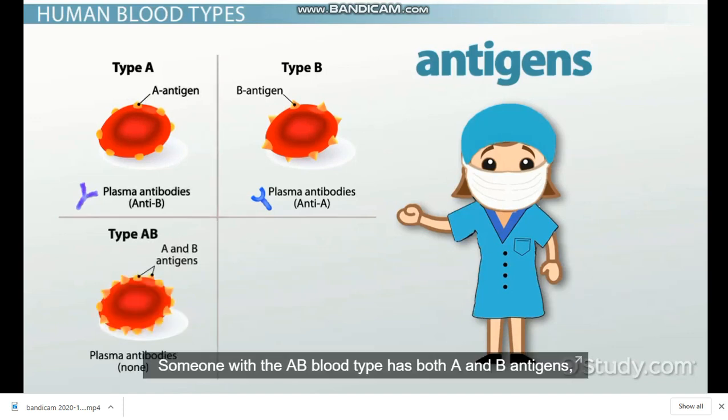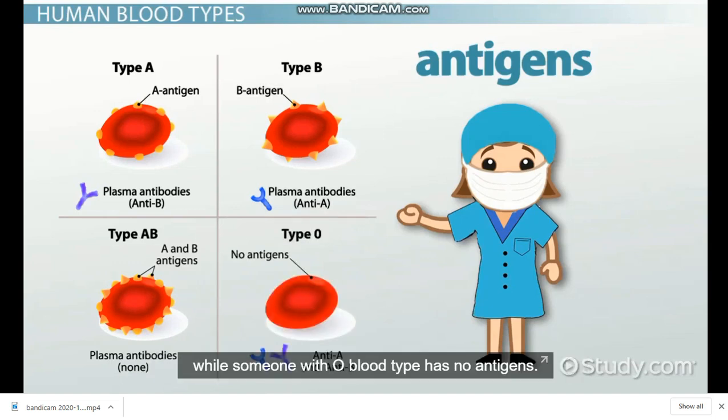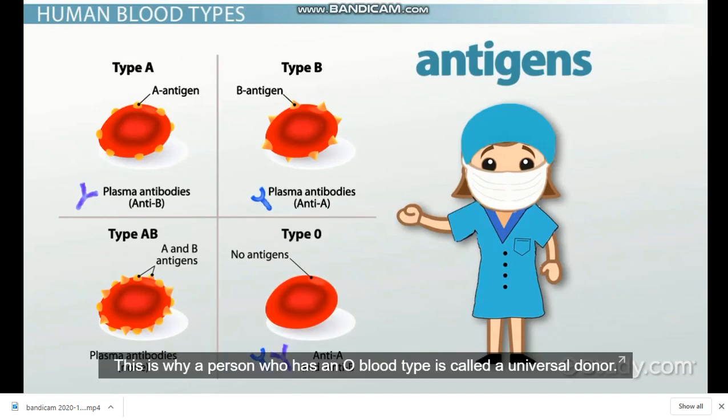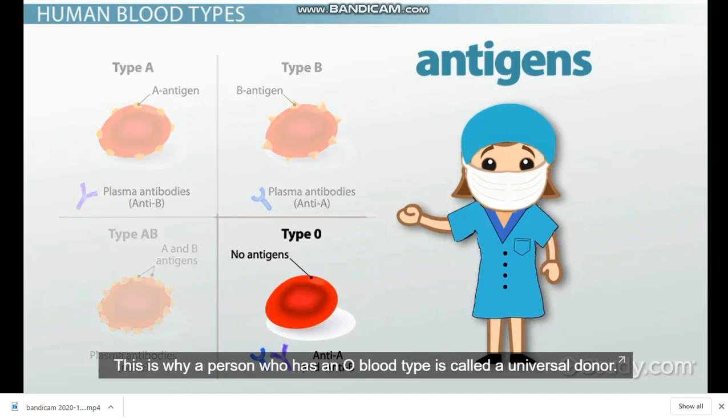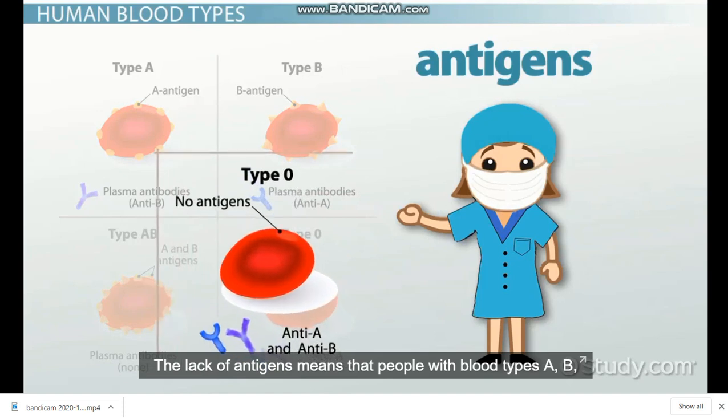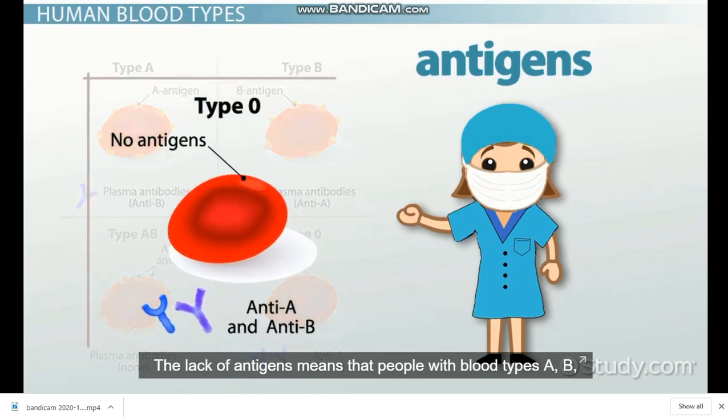Someone with the AB blood type has both A and B antigens, while someone with O blood type has no antigens. This is why a person who has an O blood type is called a universal donor. The lack of antigens means that people with blood types A, B, and AB can receive O blood without having an immune response.